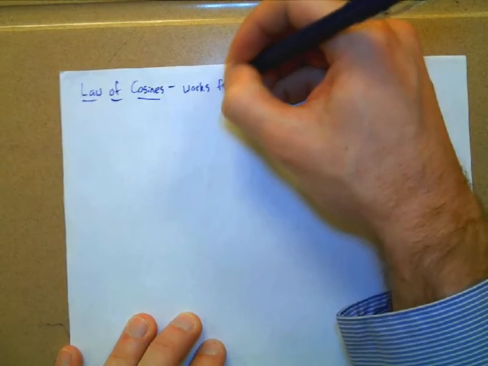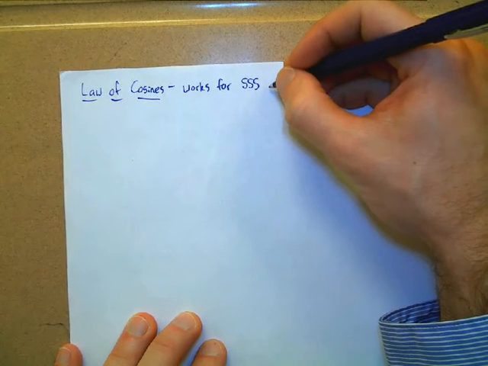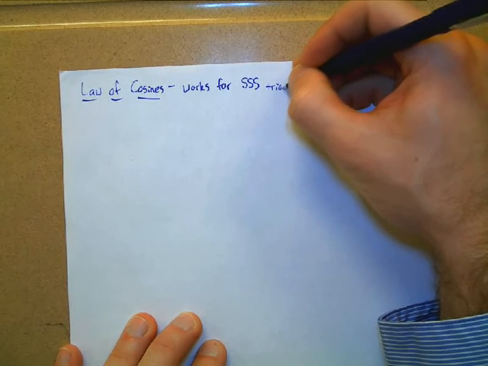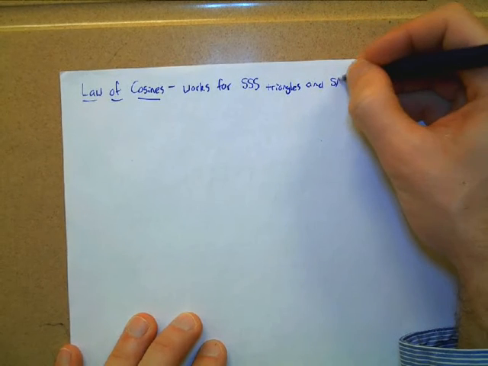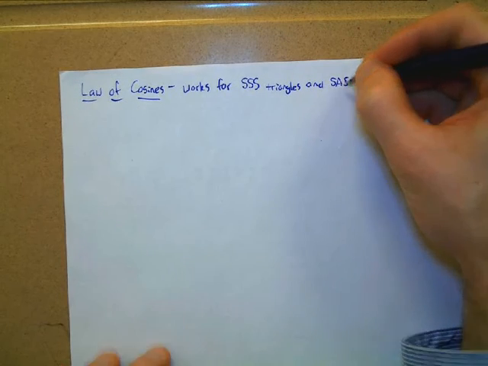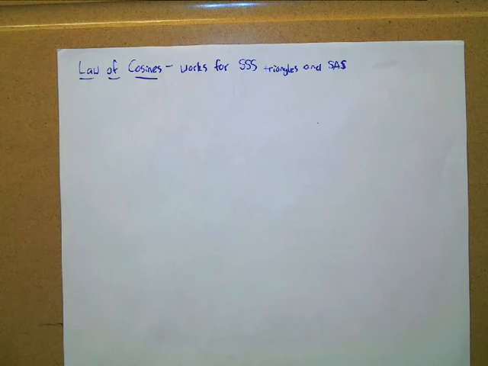So side, side, side, we don't have enough information, but we can use law of cosines for that. Side, angle, side, again, we're stuck, because to use law of sines, we need an angle and opposite side pair, which in side, angle, side we don't have. We just have the angle between the two sides there.